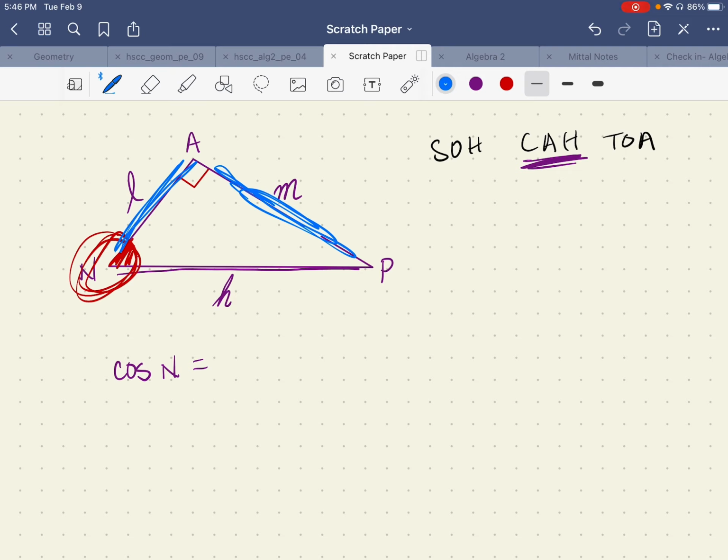So L is a leg and M is a leg. But the adjacent leg is L, because that's the one that's right next to angle N. So cosine of N is the adjacent leg L over the hypotenuse. The hypotenuse in this problem is over here. So we'd say L over H.